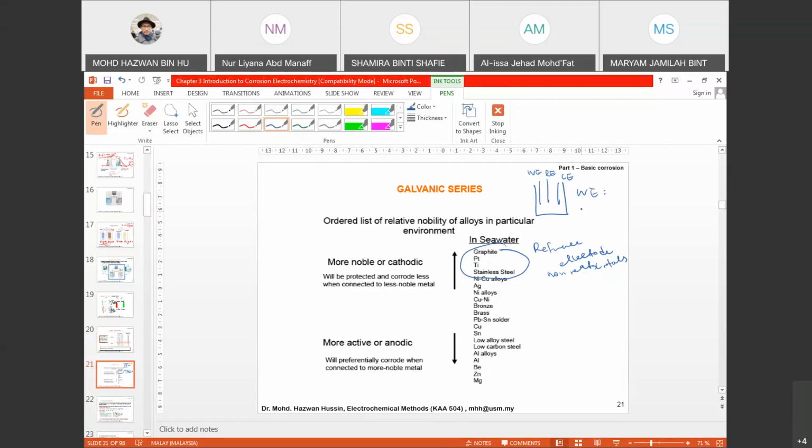What does it mean by working electrode? Electrode of interest. Yeah, it's the metal of interest. So meaning that if you put iron over here, then you actually want to study the behavior of iron.